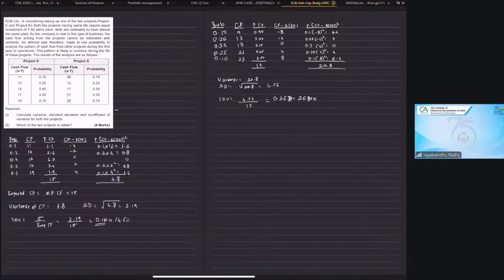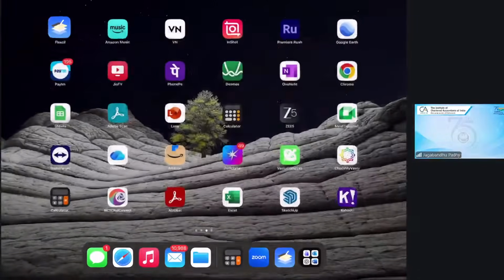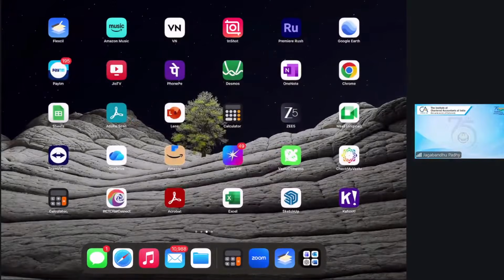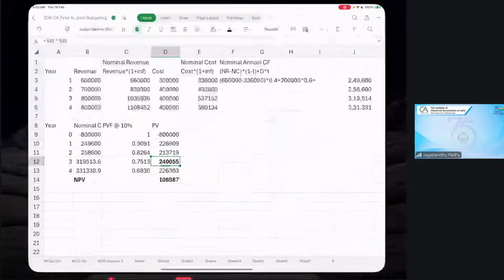Okay. So now let us go for the MCQs based on this. I'll just share the MCQ.